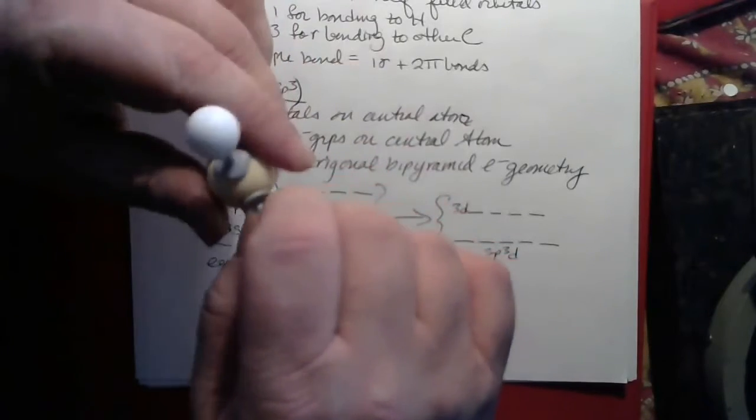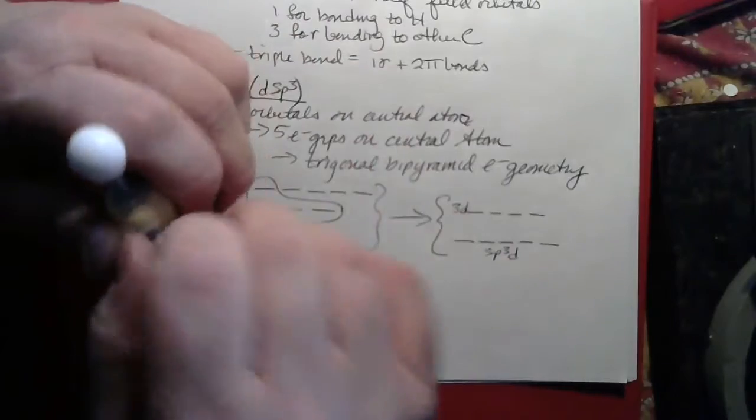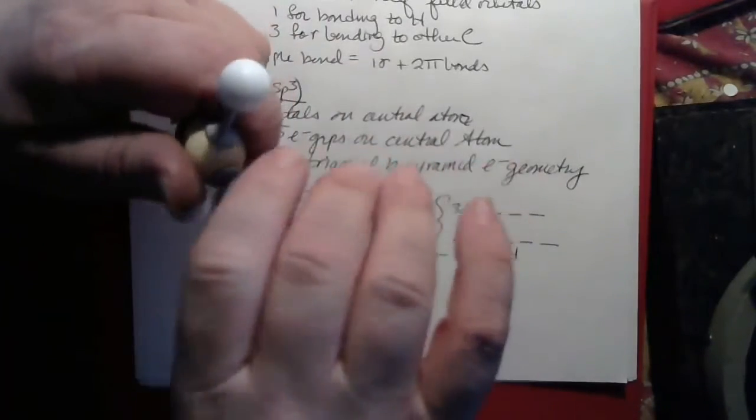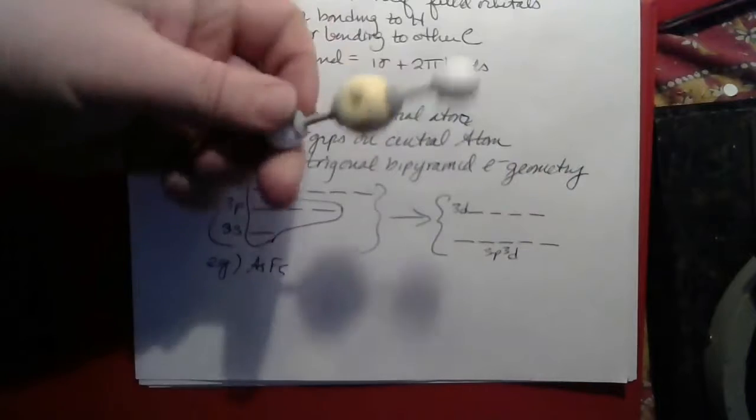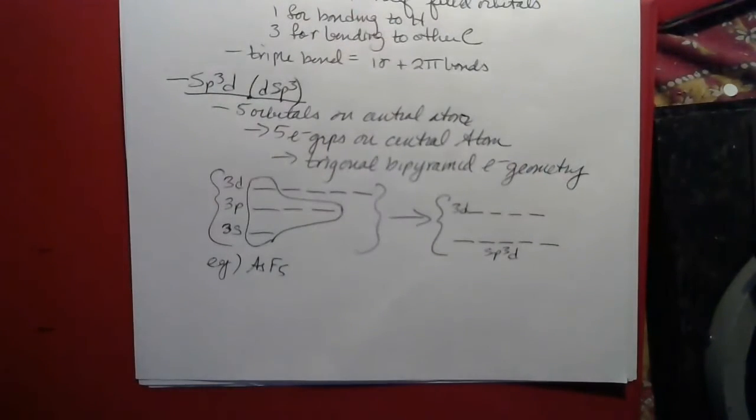And if there's a third lone pair of electrons out of the 5 electron groups total, that would still be trigonal bipyramid for the electron geometry, but linear for the molecular geometry, with 3 lone pairs on the central atom. Okay, so those are the possibilities. All of those would involve sp3d type hybridization.